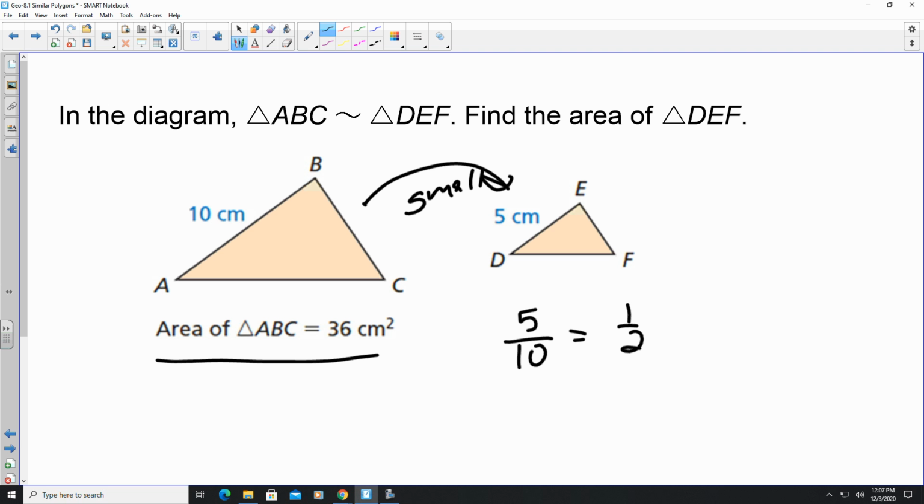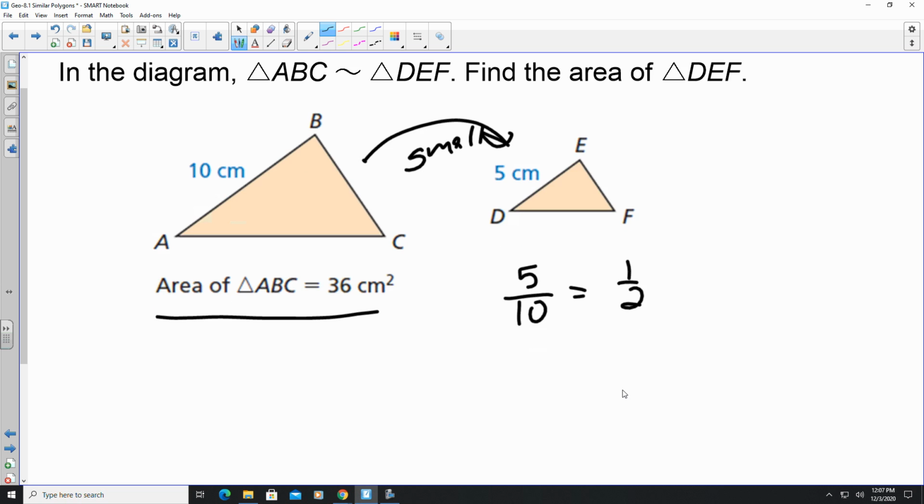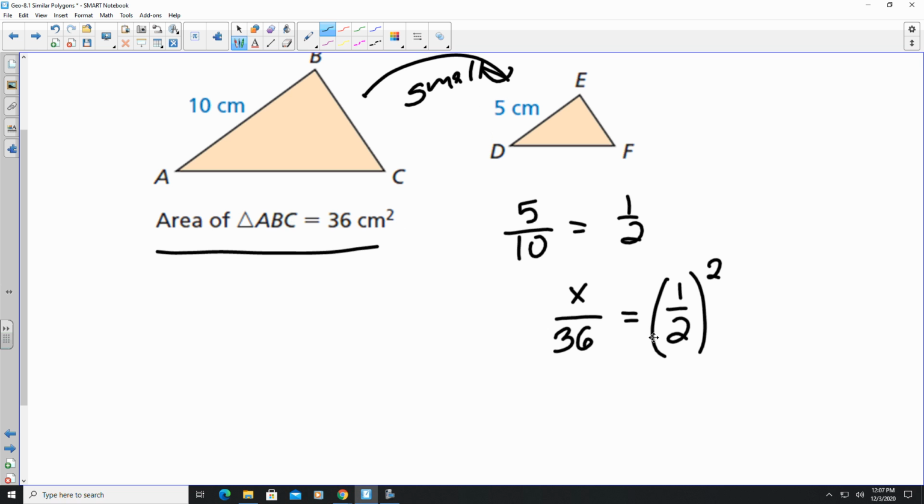So how is that useful with respect to area? To find area, you have 36, which goes on the bottom, and then you have this 1/2. But what you have to do with your 1/2 is square it, with x on top. So x over 36 is equal to 1/4.